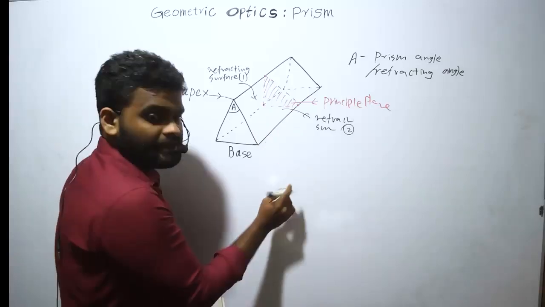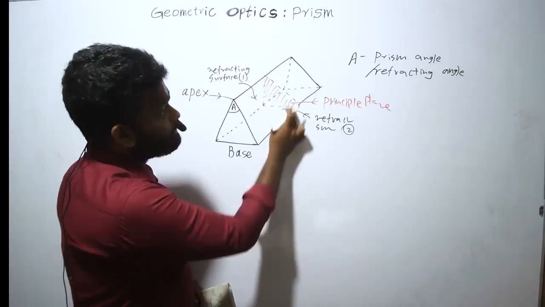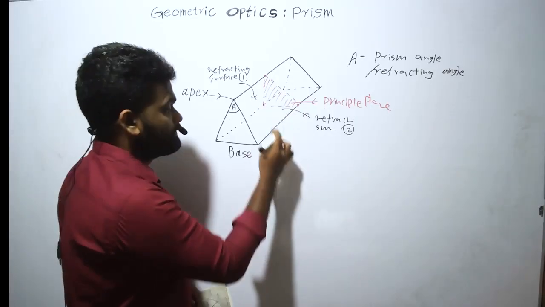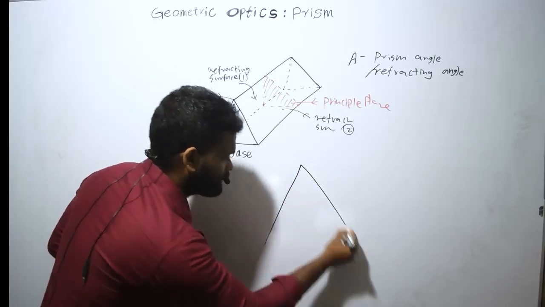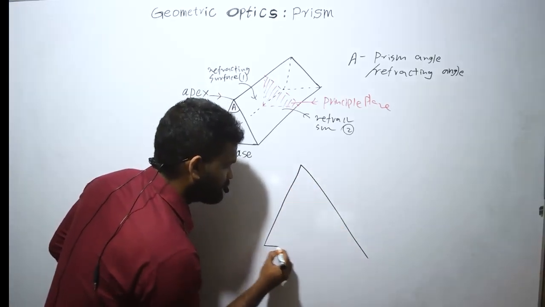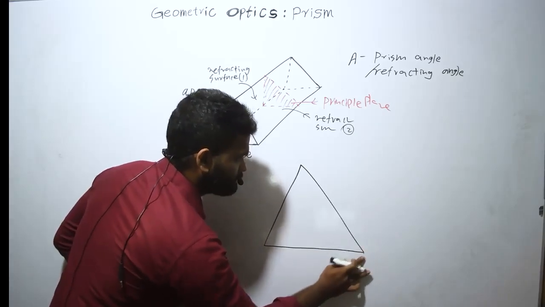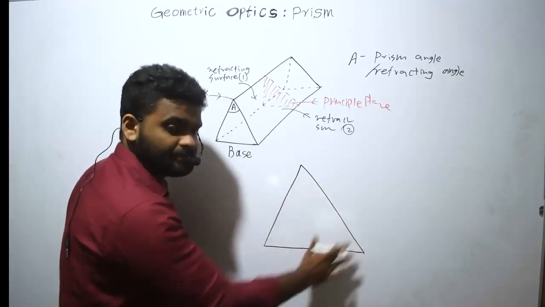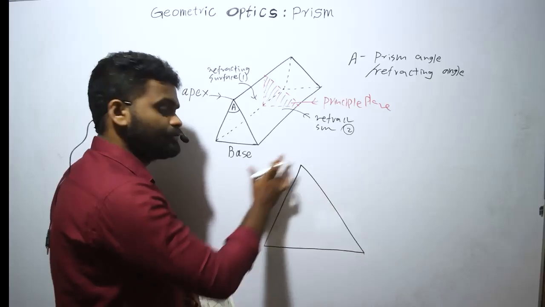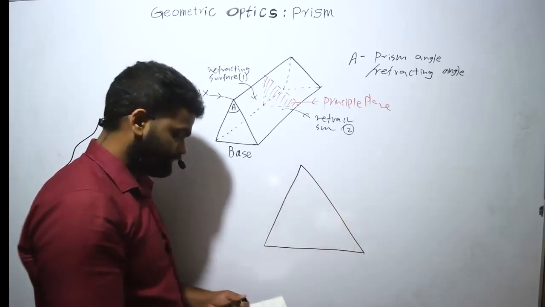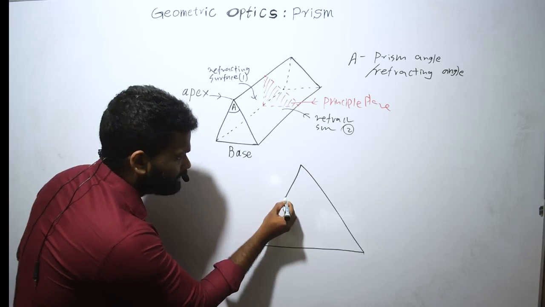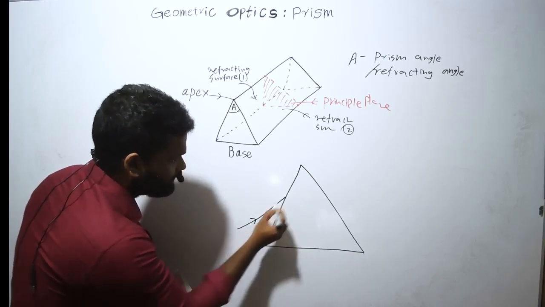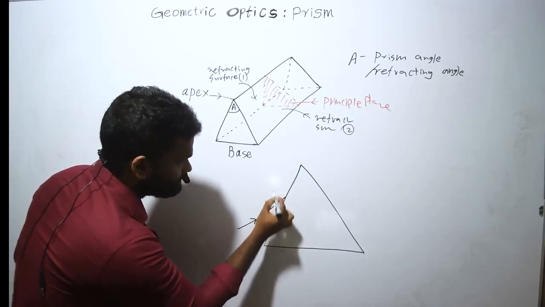So what I am drawing here is actually the principal plane, right? I can draw it like this. You can draw it with me and draw it a little bigger, right? This is the principal plane. This is where we draw the ray diagram. Okay. A light ray is incident like this, right?